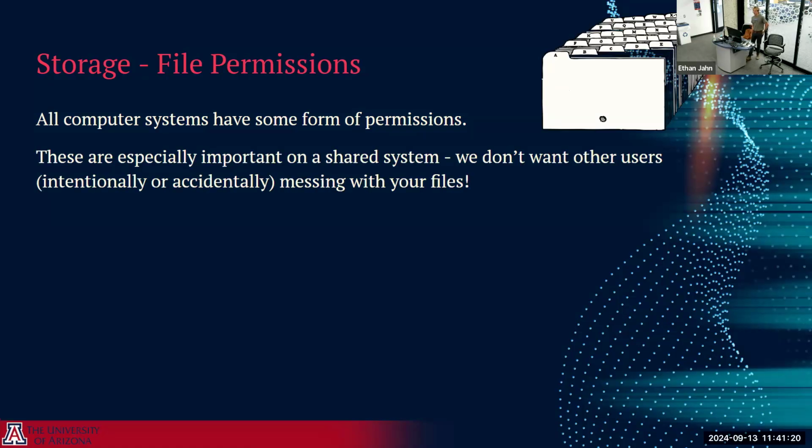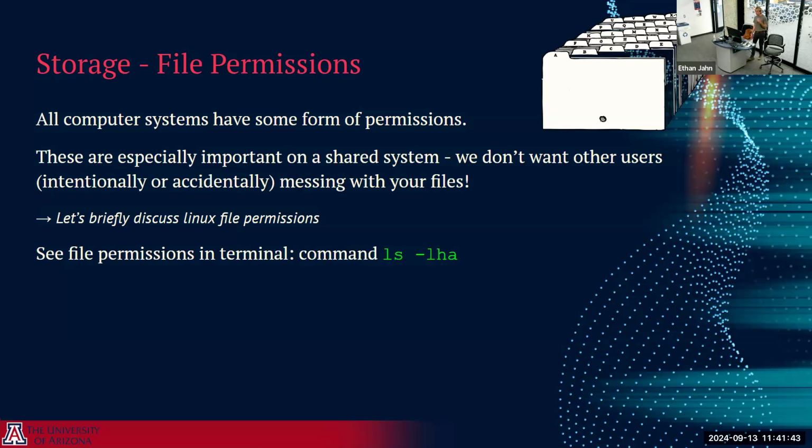These are especially important on a shared system, so you don't want other users intentionally or accidentally messing with your files. So we're going to talk about the Linux file permission system, because our HPC system runs an operating system called CentOS 7, which is a form of Linux.